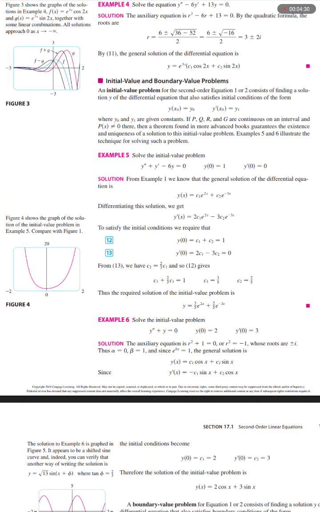From equation 13, we have c₂ = (2/3)c₁, and so equation 12 gives c₁ + (2/3)c₁ = 1. So c₁ = 3/5, and c₂ = 2/5.